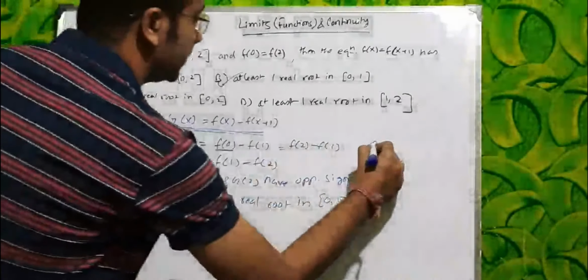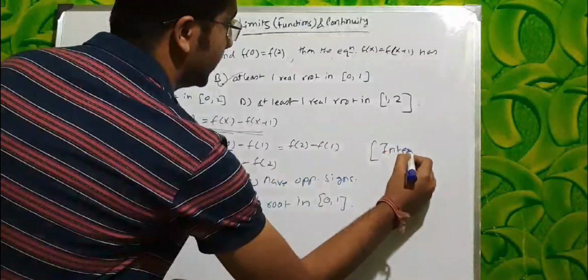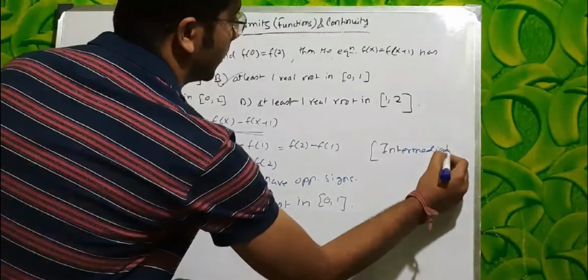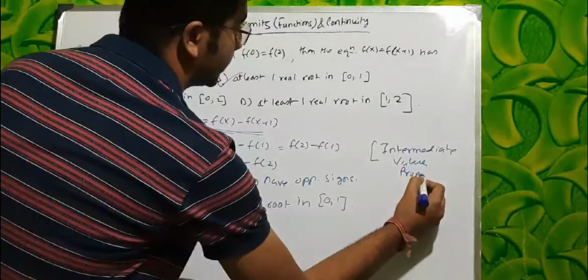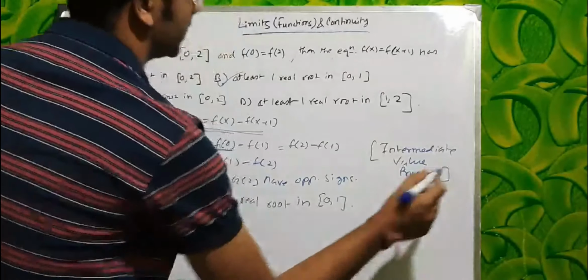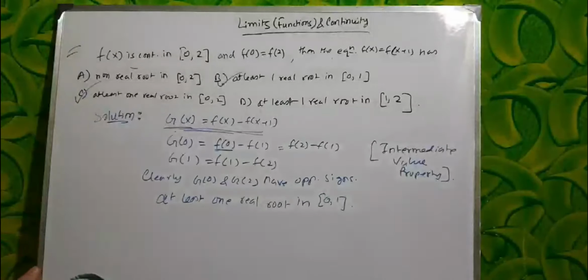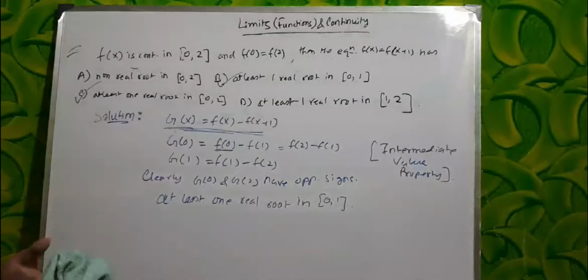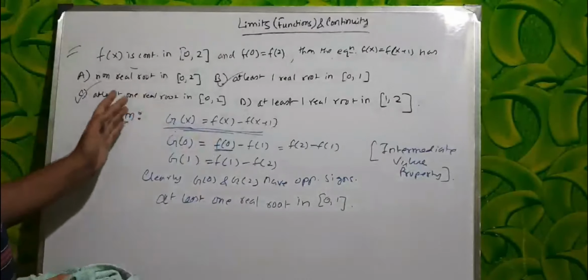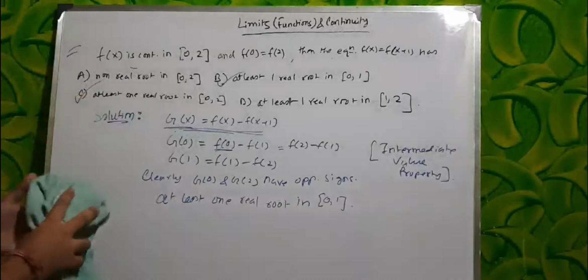So this property of functions is known as the intermediate value property, where if a function is continuous and has two different signs at the ends of an interval, then we can say that the function has at least one root, or maybe two roots according to the question.